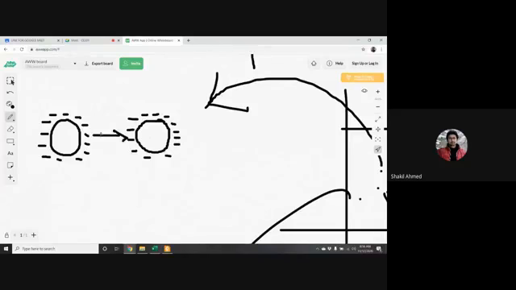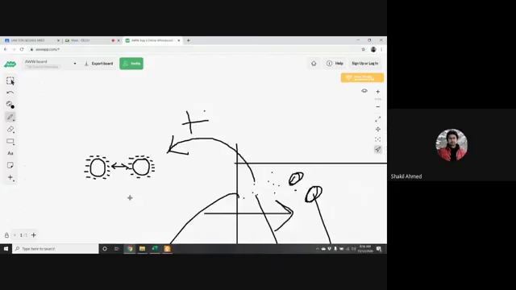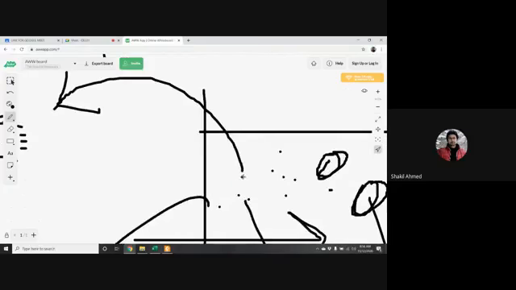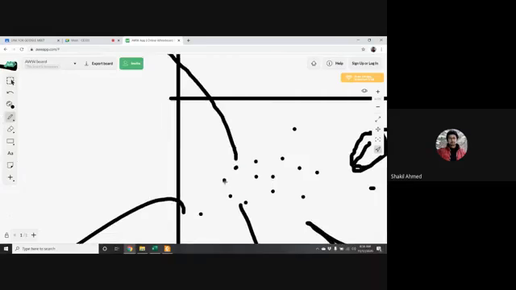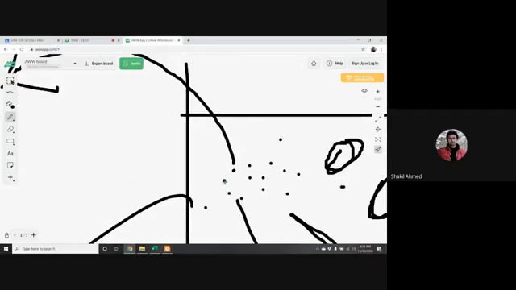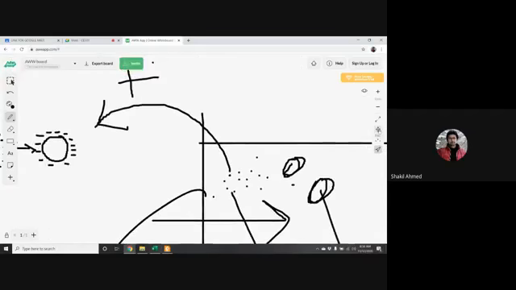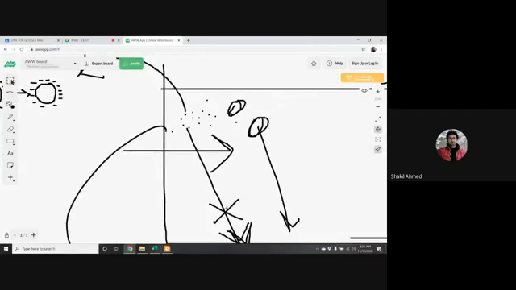Therefore, they cannot come close to each other. That means they remain isolated. And they remain isolated means they are still smaller particles, and the smaller particle means they are very hard to settle down.